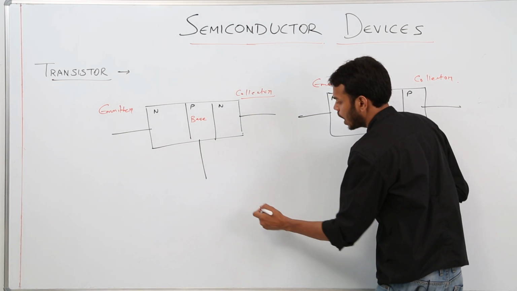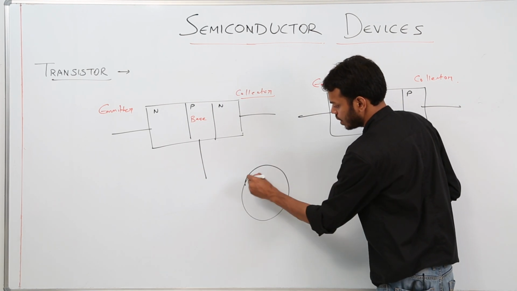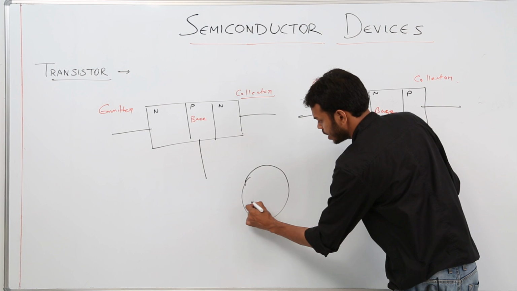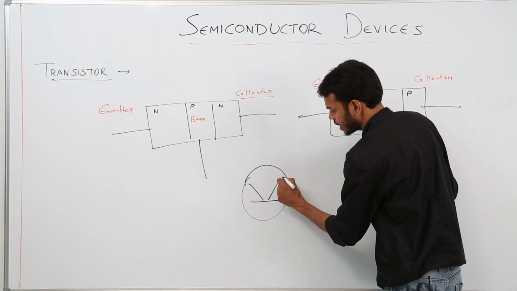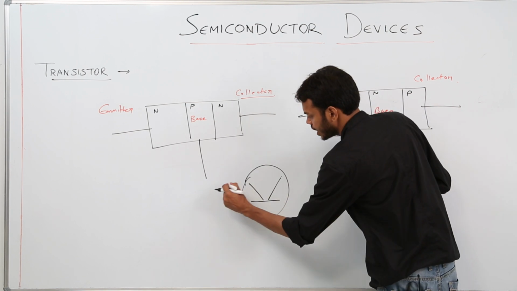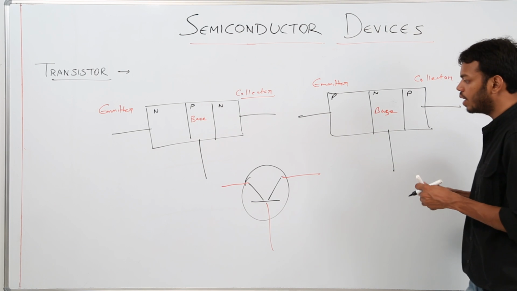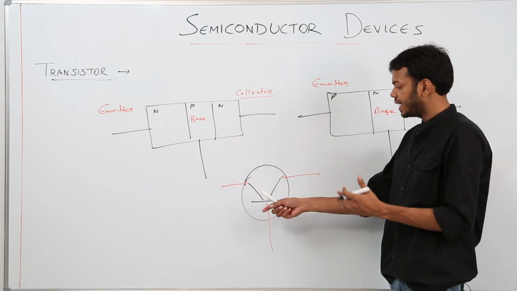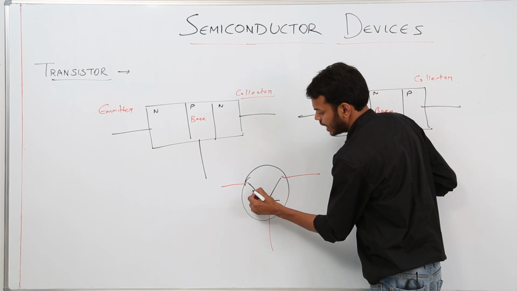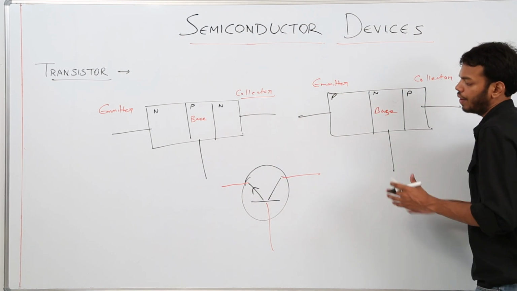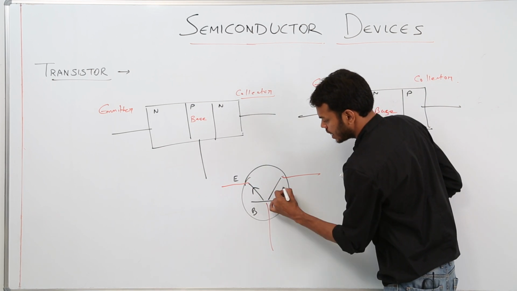See, this is how a transistor symbol looks. The base region is a straight line, there is an emitter part and a collector part, and these are the 3 connections we have to make. So how do we differentiate the emitter from the collector? There is an arrow placed on the emitter like this. This is the emitter, this is the base, this is the collector.